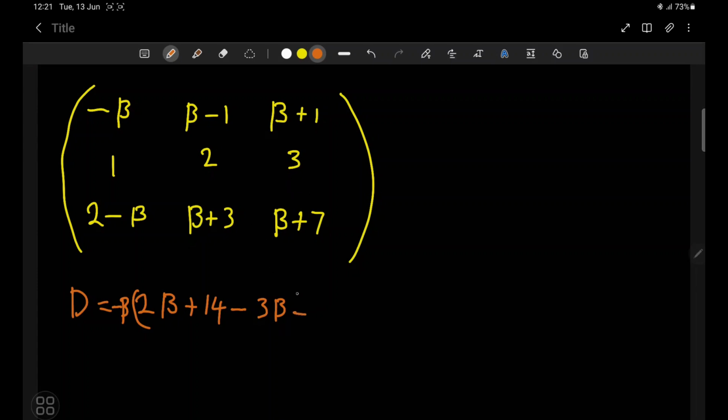Then 3 multiplied by 3, there we'll have negative 9. Then we close it. The next part, again we'll have negative, then beta minus 1 multiplying. So we hold this column and this row. We have 1 multiplying beta plus 7, so that is just beta plus 7. Then we have 3 multiplying 2 minus beta, which is plus 6 minus 3 beta there.